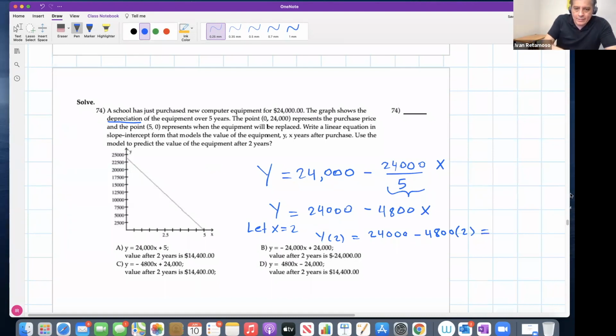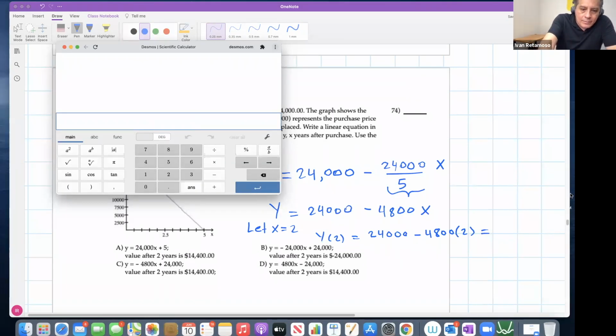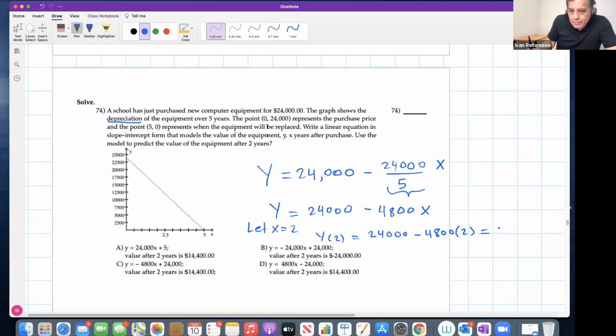Let's compute it: 4,800 is what it loses per year in value, which is called the depreciation. That gives me 14,400. So 14,400 should be the value after 2 years.